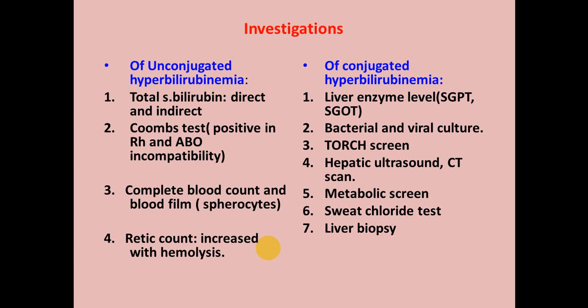While in the investigation of conjugated hyperbilirubinemia, if we find that the direct bilirubin is 20% of the total serum bilirubin, we regard this hyperbilirubinemia as conjugated.